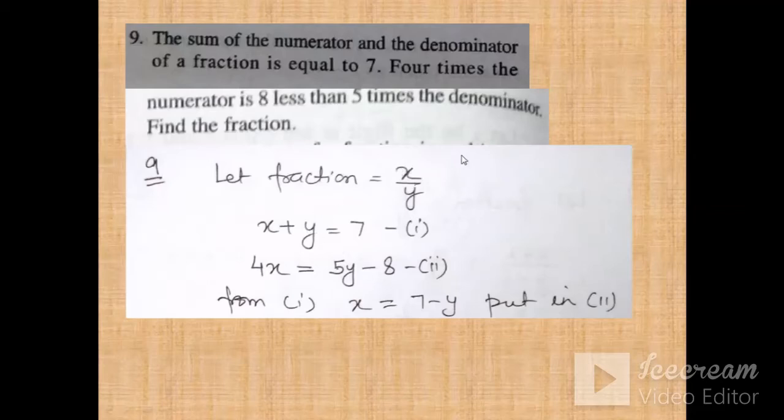So our fraction is x upon y, numerator is x, denominator is y. According to the first condition, we get x plus y equal to 7. So from here we will take out the value, we will use the substitution method, x equal to 7 minus y.